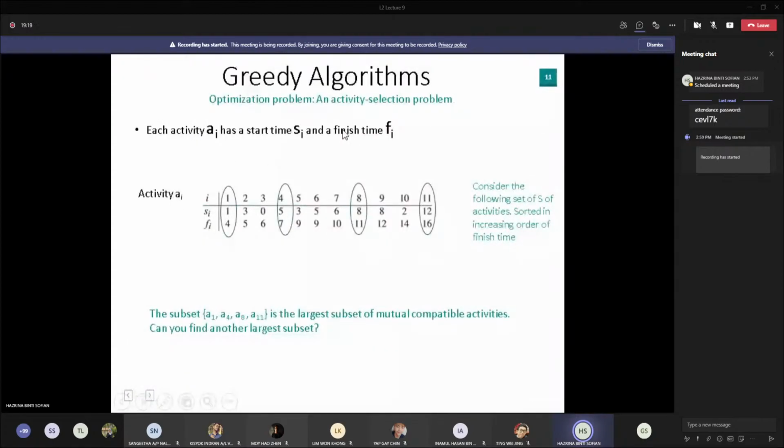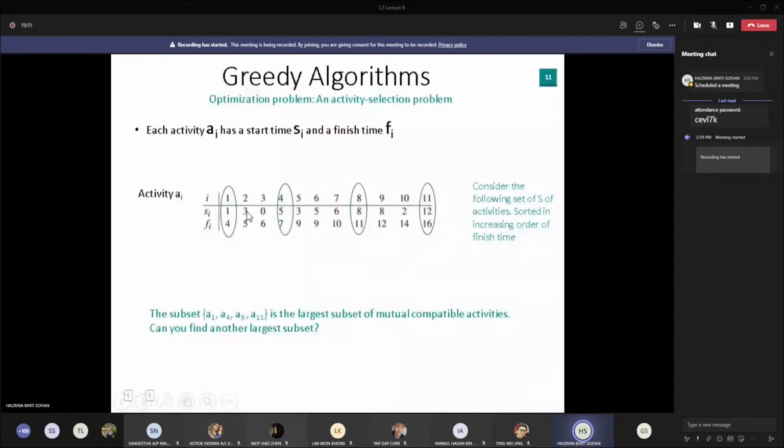So after running the greedy method, we can see that they can have a maximum of 4 activities. We have the first activity start at 1, finish at 4, and then we can have the fourth activity which starts at 5.